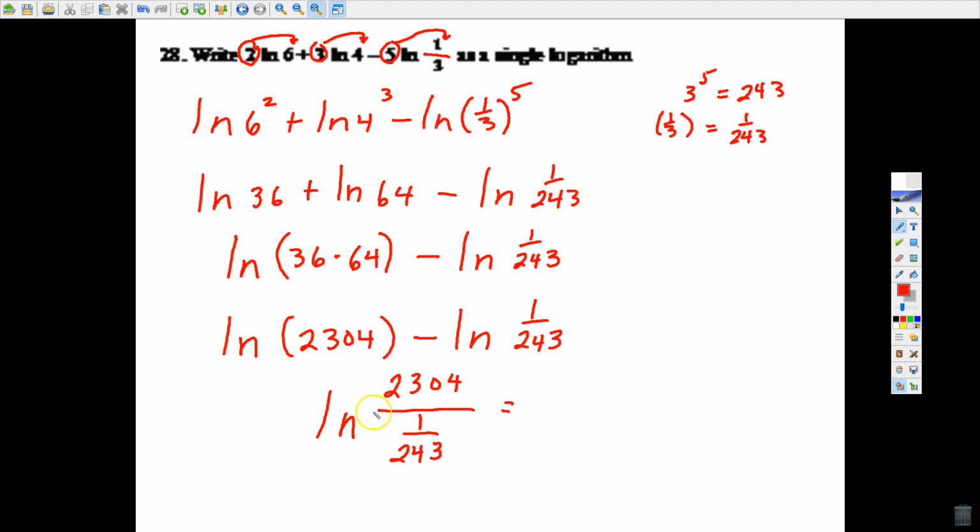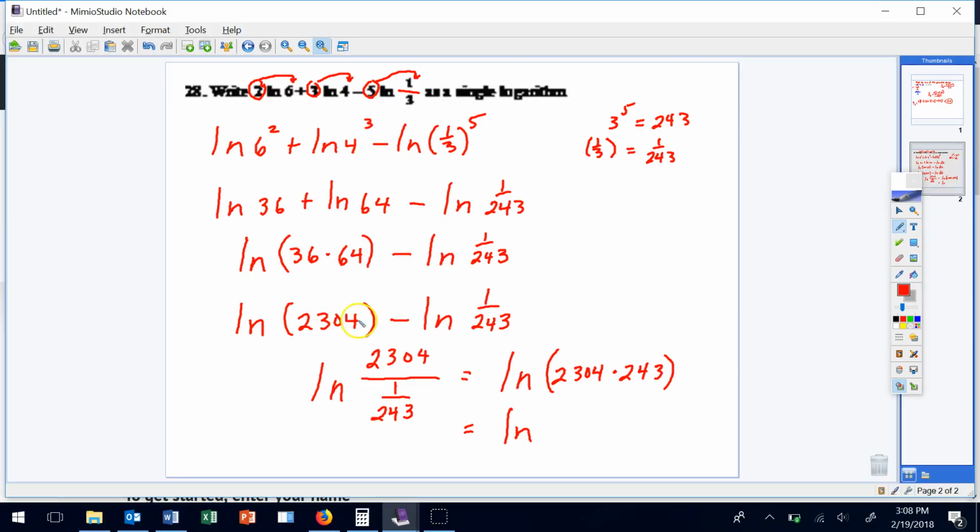We've got to remember that old rule that says dividing by a fraction means to multiply by the inverse of that fraction. So I'm going to be essentially doing natural log 2304 times the reciprocal of 1 over 243, which is 243. And once again, we'll grab our calculator and we'll be ready to come up with our final answer.